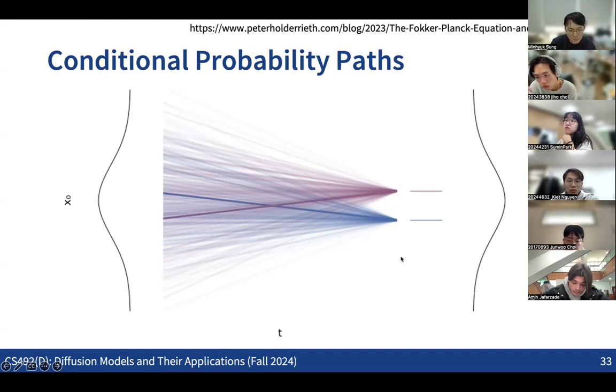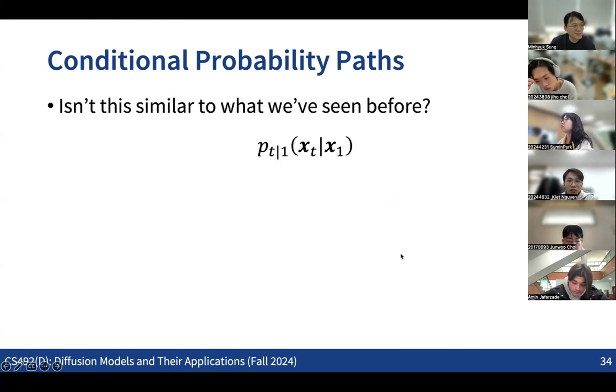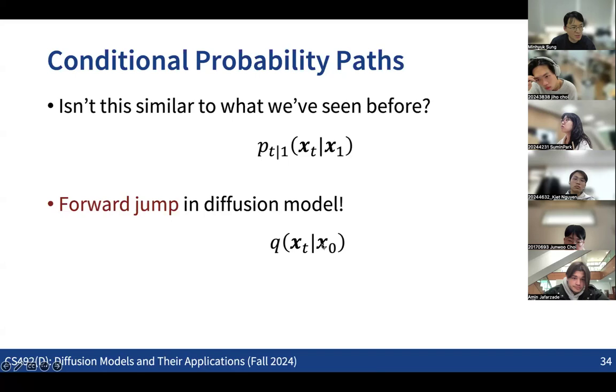Makes sense? And also, by the way, is this conditional distribution similar to what we have seen before? It is sampling xt given a data point x1, right? Actually, this is the same as the forward jump distribution that we have seen in the diffusion model.